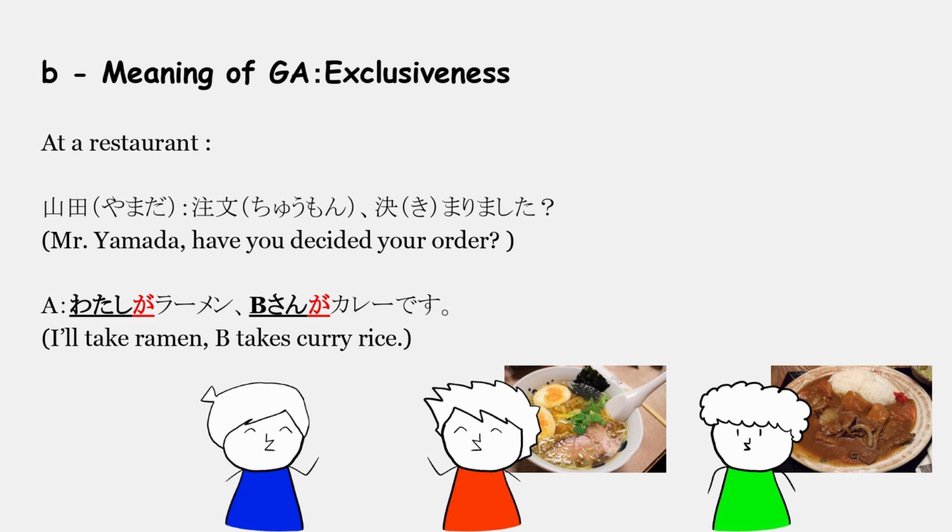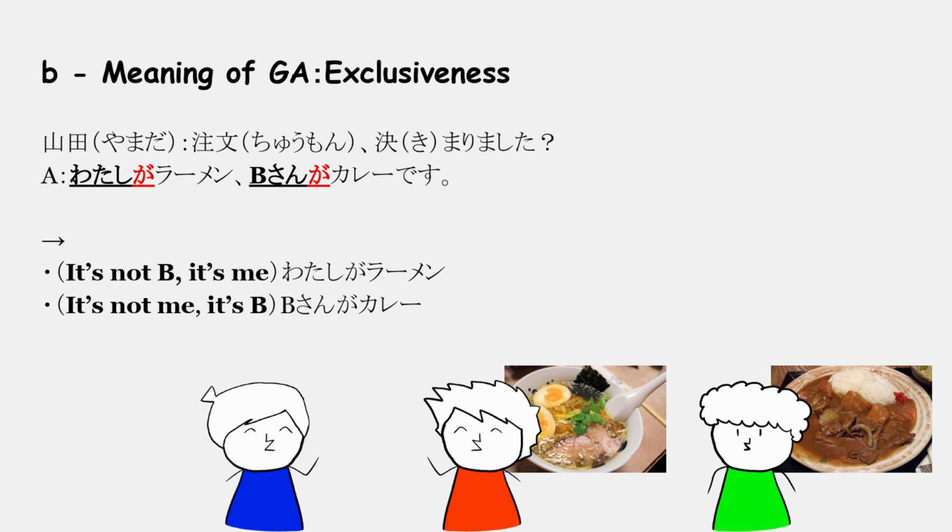At a restaurant, Mr. Yamada asks to a person A, 注文決まりました?私がラーメン、B さんがカレーです. Well, person A sends a message with ga, that it's not person B but me who will order the ramen.